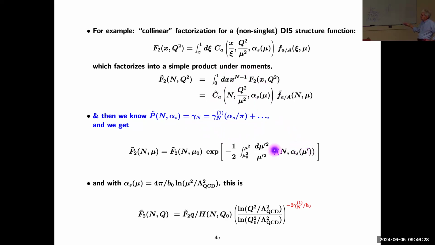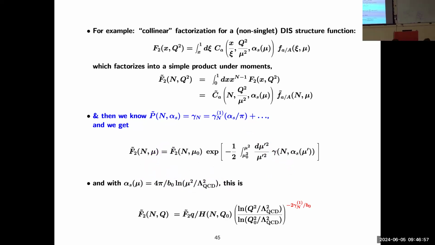Then we get these beautiful expressions, which are predictions for the nth moment of the structure function. And if you do this integral, you go linear in alpha_s like 4 pi over log mu prime over Lambda_QCD squared. Oh, yes, I actually put it in there. I even remembered 4 pi, but I forgot the beta_0. Okay, and that's 11/3 minus something.